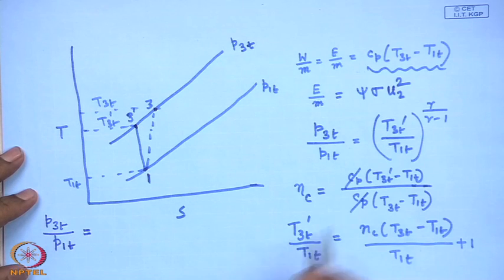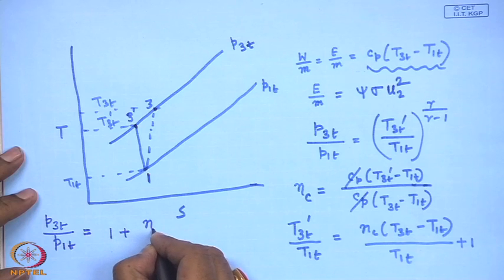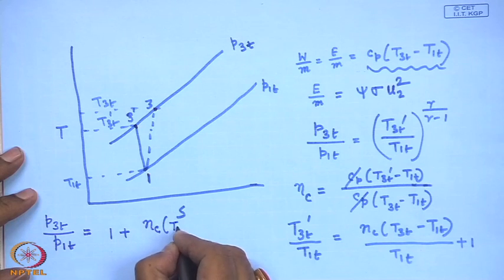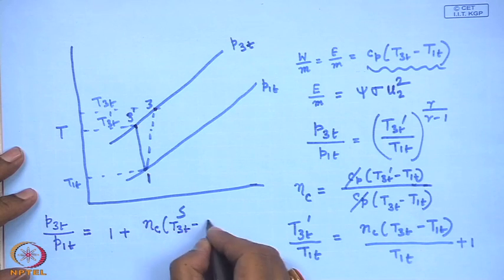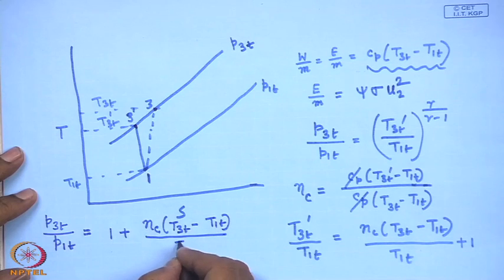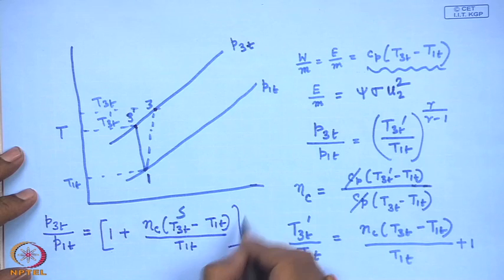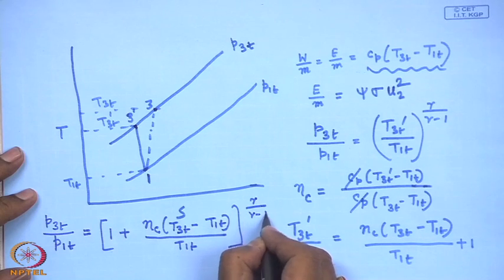T3 dash by T3 is 1 plus eta C into (T3T minus T1T divided by T1T) to the power gamma by gamma minus 1.